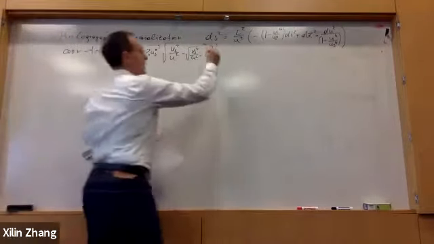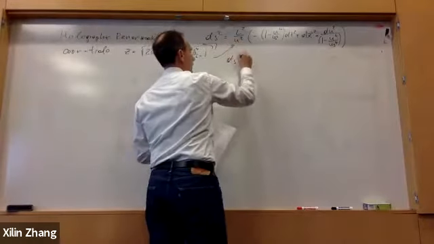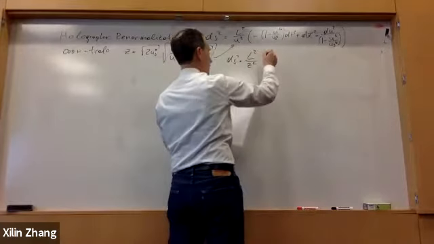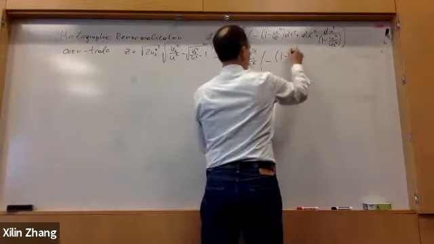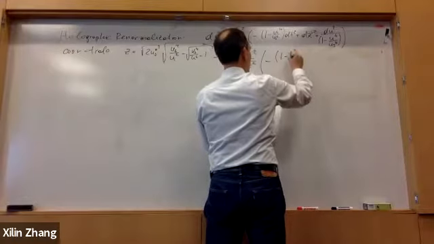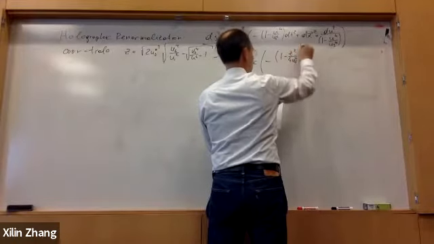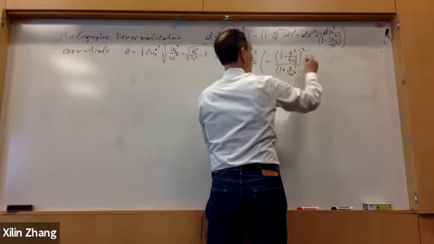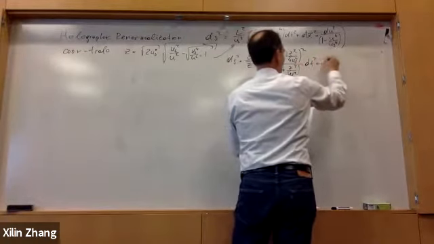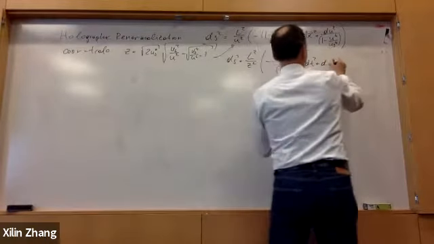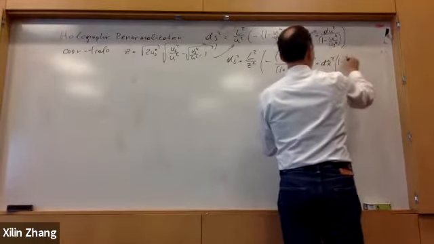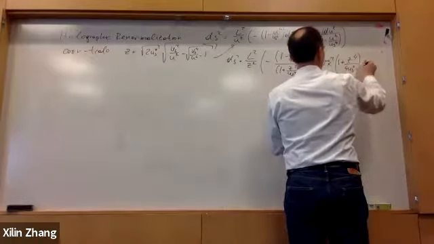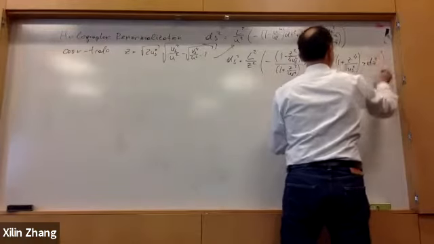If you plug it into this line element, you find a line element of the following form: L squared over z squared times minus (1 minus z to the 4 over 4 us to the 4) squared over (1 plus z to the 4 over us to the 4) dt squared plus dx squared times (1 plus z to the 4 over 4 us to the 4) plus dz squared.